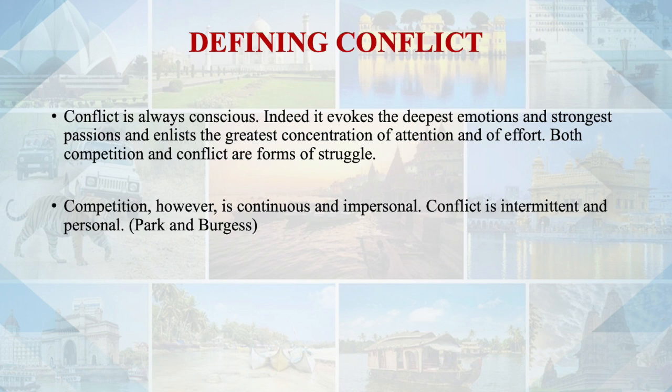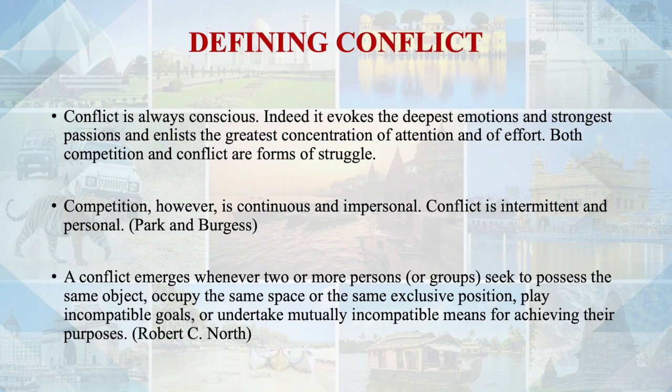Another definition by Robert says that conflict emerges whenever two or more persons or groups seek to possess the same object, occupy the same space or the same exclusive position, play incompatible roles or undertake mutually incompatible means for achieving their purposes.